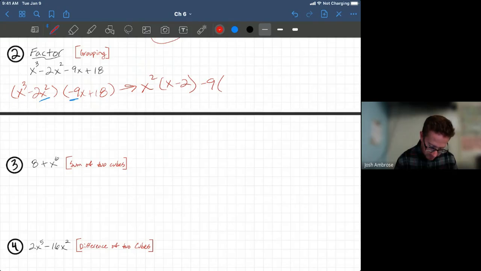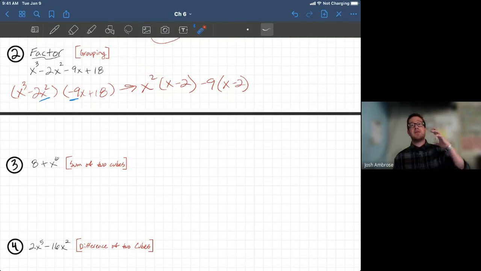And what we have left over, look at, got a bit of a magic trick here. X minus 2, x minus 2. If you do not get identical binomials after you factor out what they share, you've done something wrong. All right, it's a checkpoint.